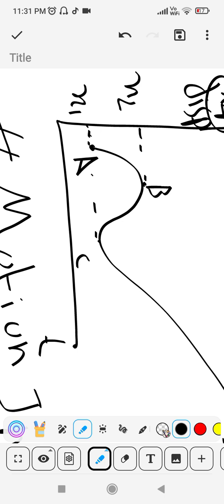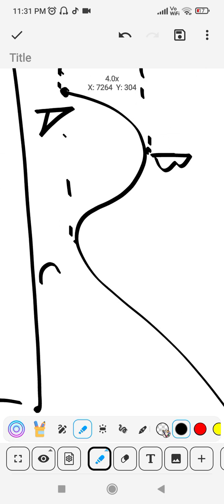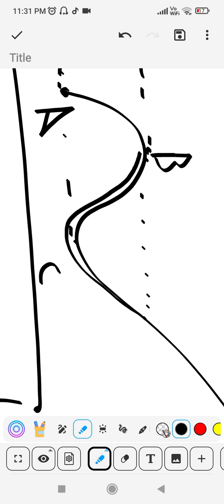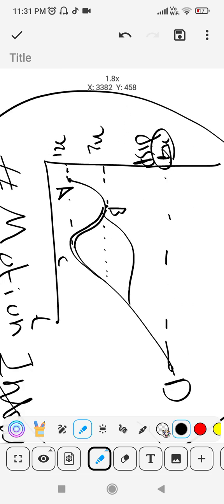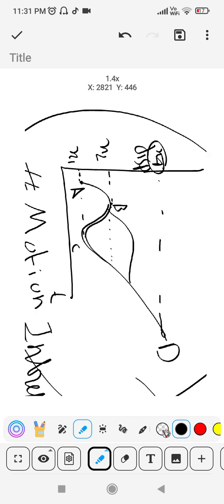So where this point shows a negative or depressing curve, we have to take the mirror image of this. The mirror image will look like this, and this will be our final distance graph.